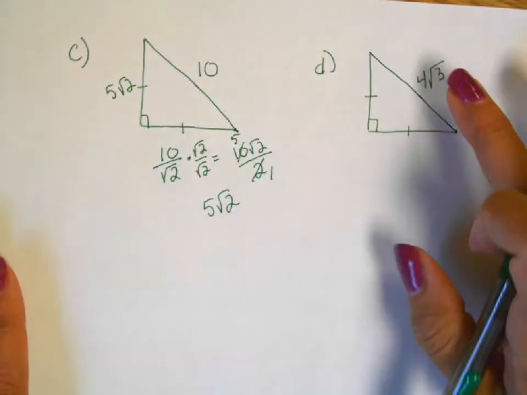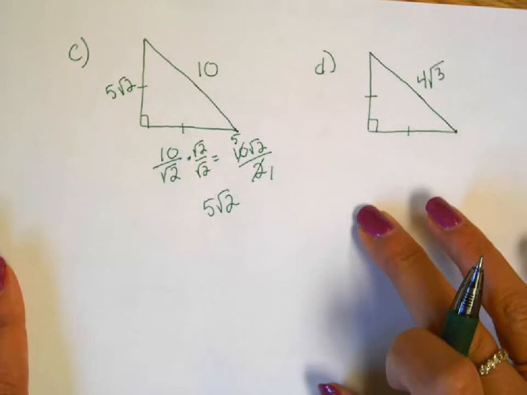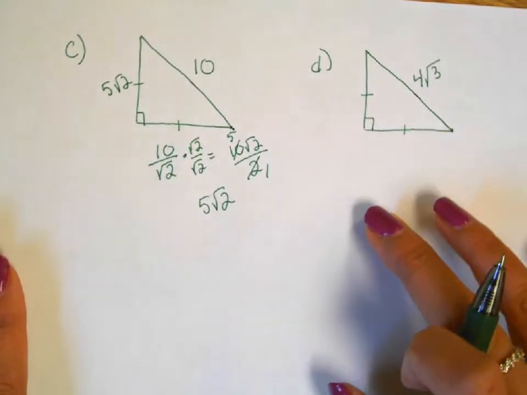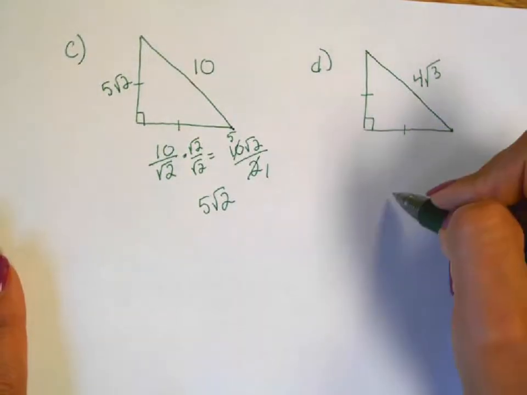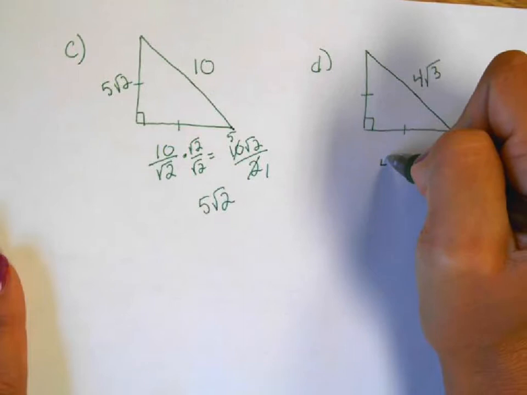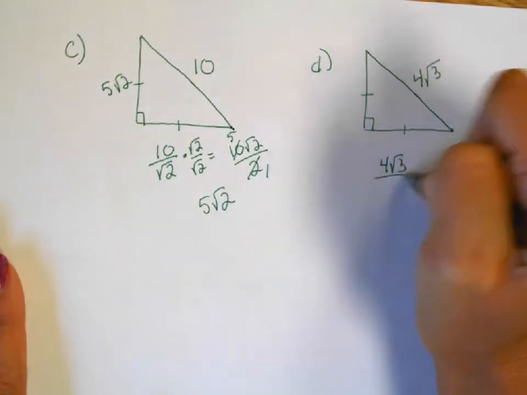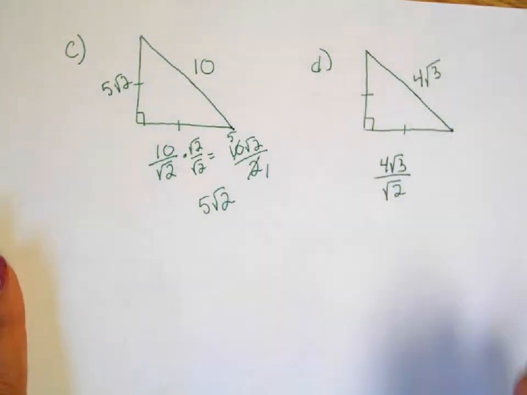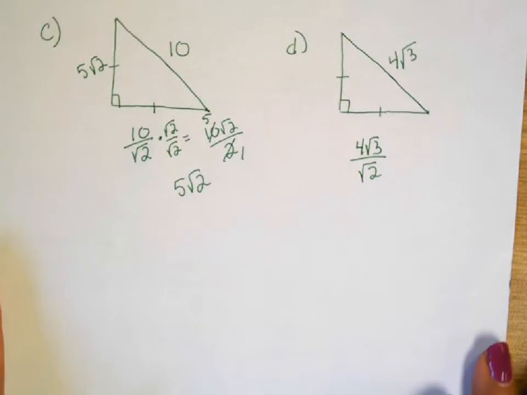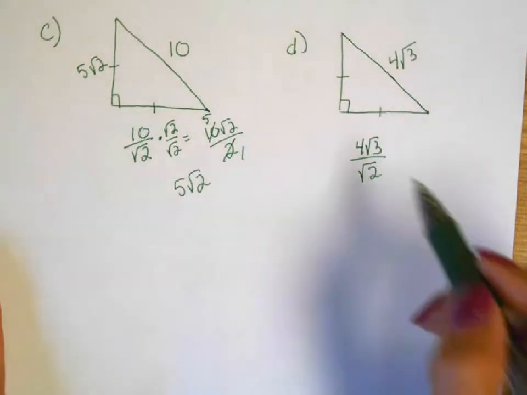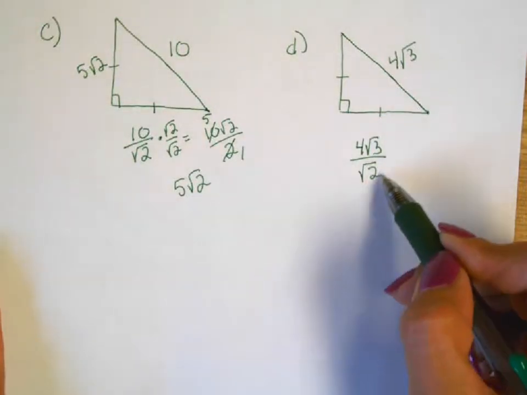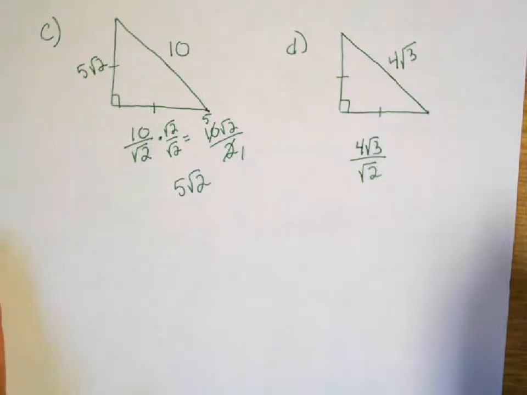What's the process if you know the hypotenuse and you want to come backwards? We're dividing by square root of 2. And then the one that bothers us, the one that's not allowed, is the square root in the bottom. The one at the top's fine, so we hit it with a 1.